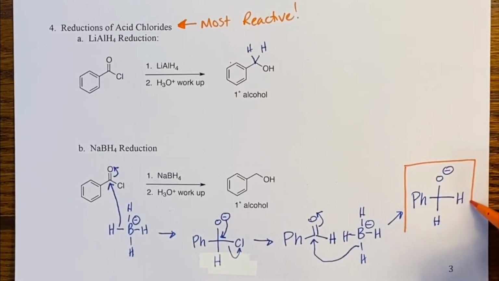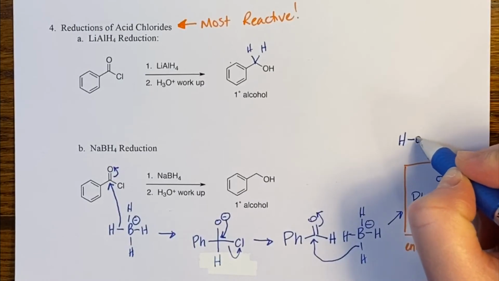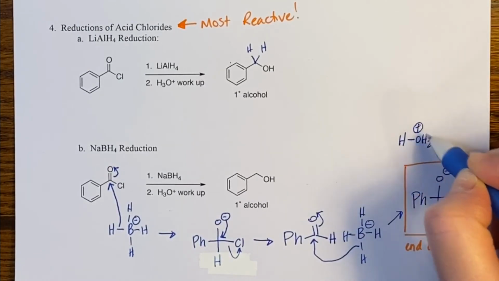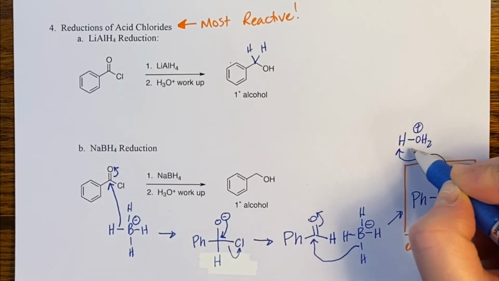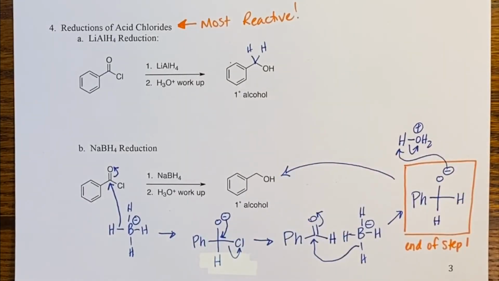This is what I have at the end of step 1. Upon protonation, when I introduce my acid at the end of step 2, I can now protonate and form my final alcohol product out of this reaction.